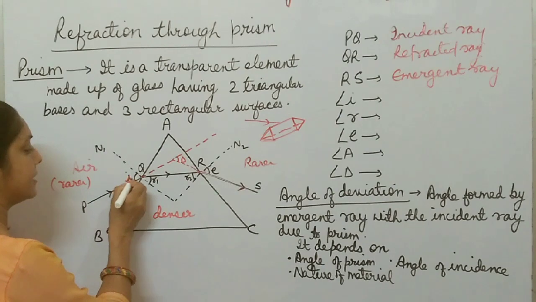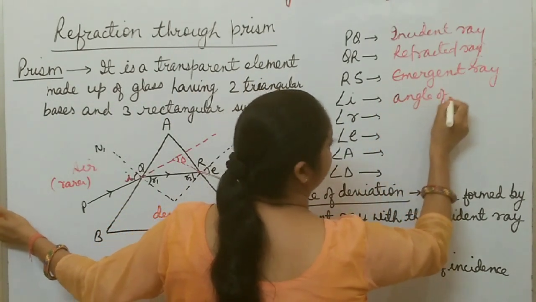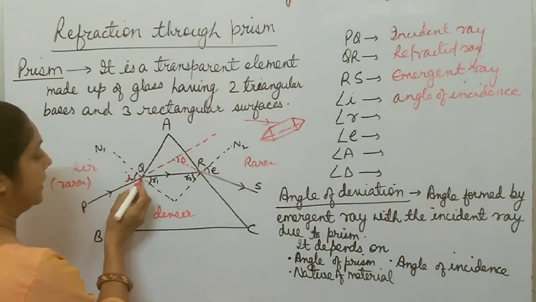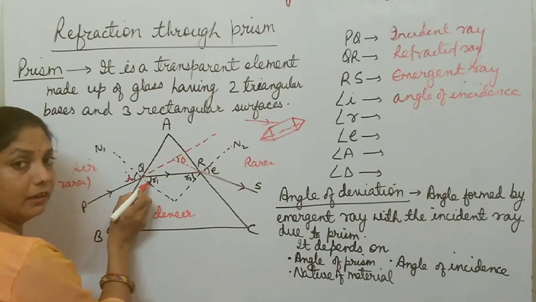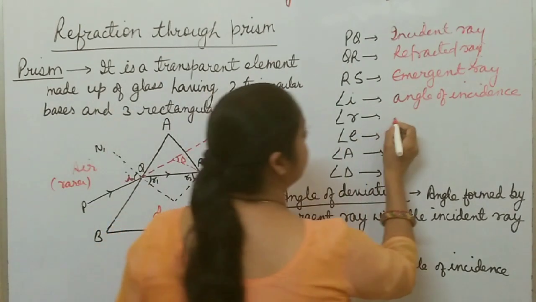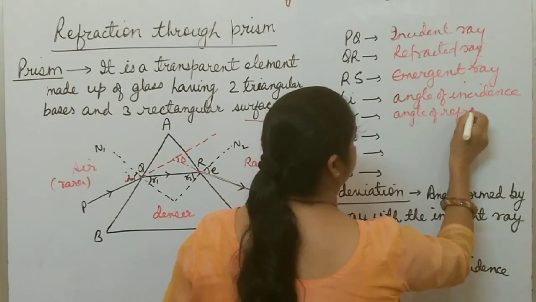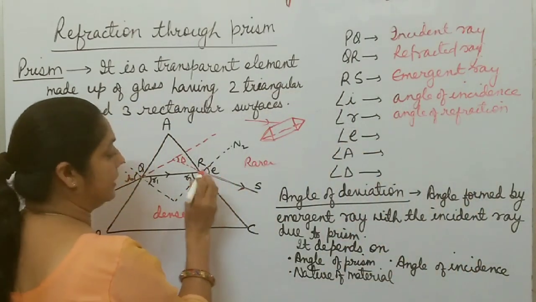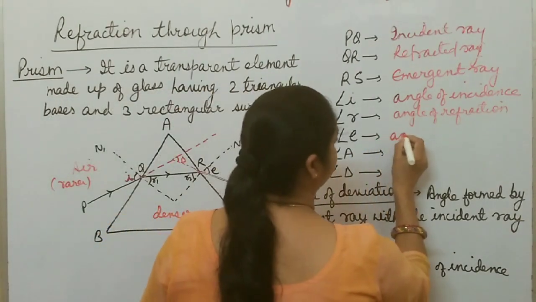Angle of incidence, I. So I is angle of incidence. Now again at this point, this R1, or R you can say, this is angle of refraction. The angle between normal and this refracted ray. So this is angle of refraction. Right? And then again this angle between this normal and emergent beam is angle of emergence.